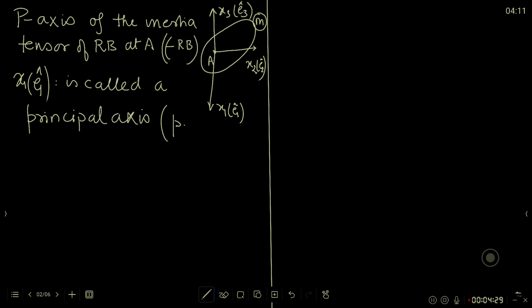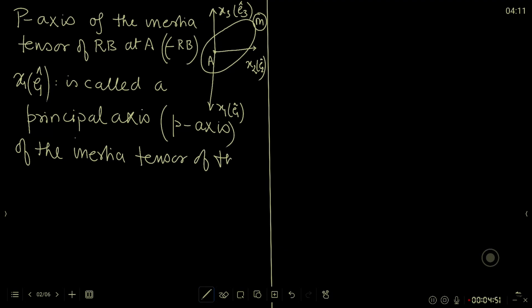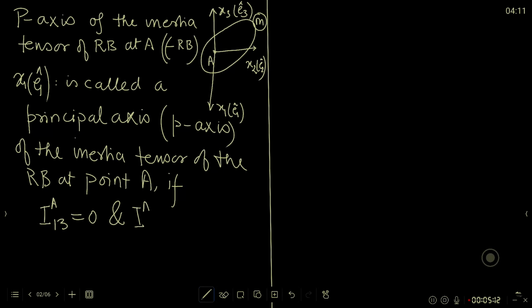I will use the acronym P axis of the RB at point A, or rather of the inertia tensor of the RB at point A, if these two conditions are satisfied, then we will call x1 e1 a principal axis of inertia of RB at A.